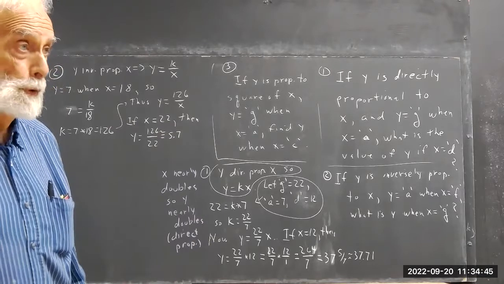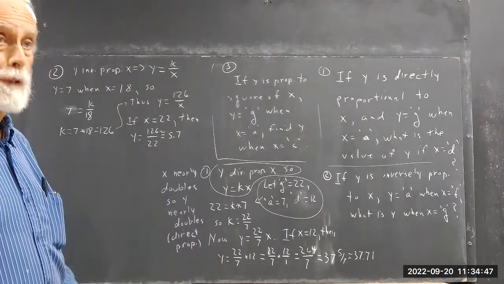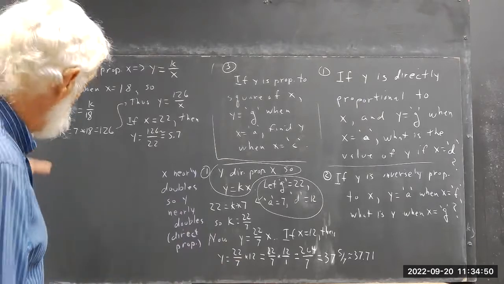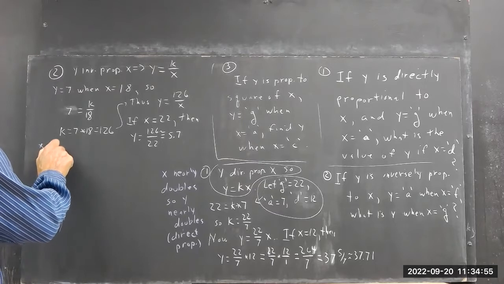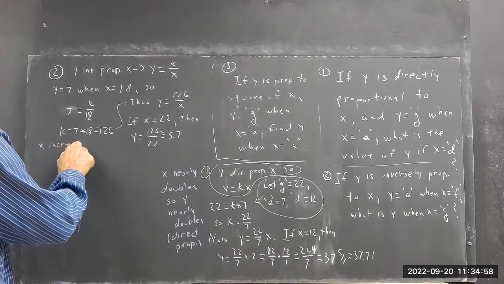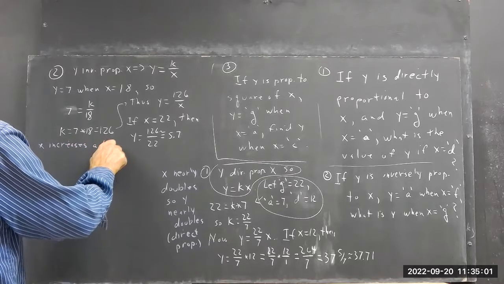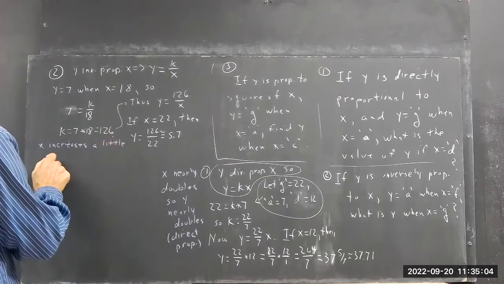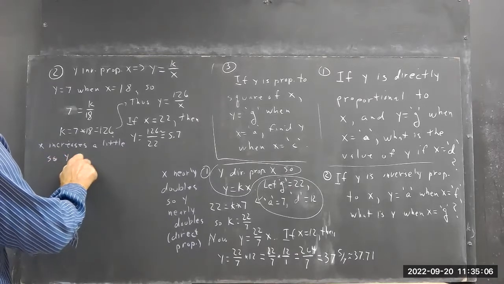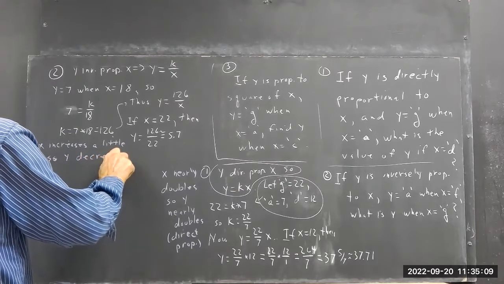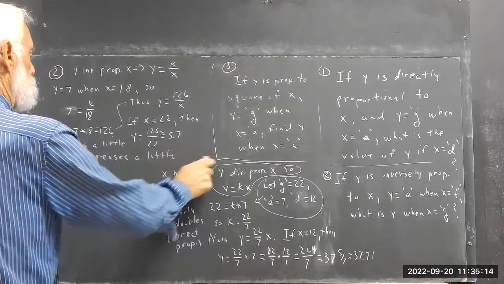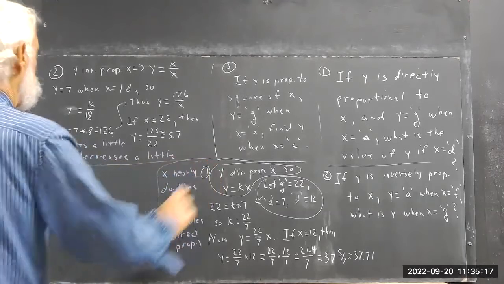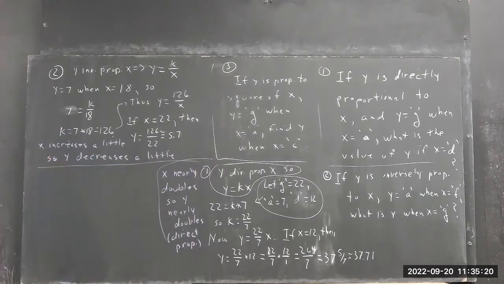That's how direct proportion works. X gets 10 times as big, Y is going to get 10 times as big. Over here, X increases a little, so Y decreases a little. That's how inverse proportionality works.